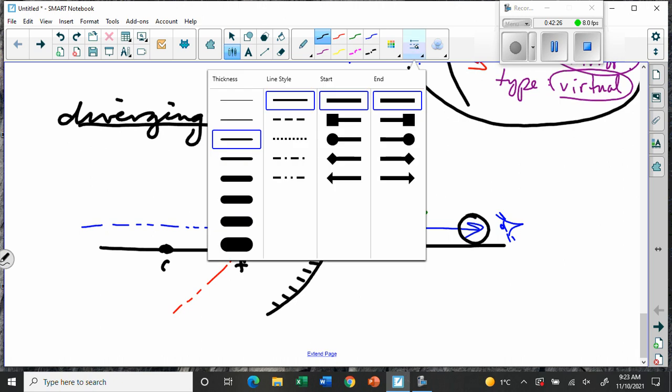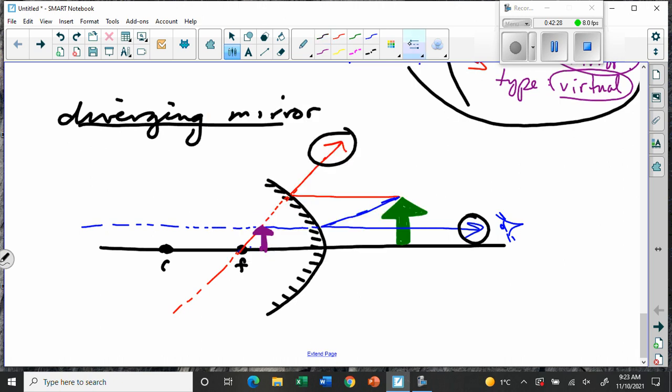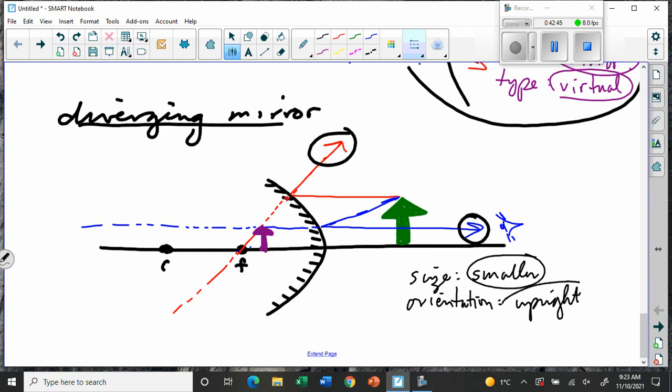Then what do we got? Well, we have the characteristics of this image. So, first of all, the size: smaller. The orientation: this one is upright, not inverted. The position is inside the mirror.